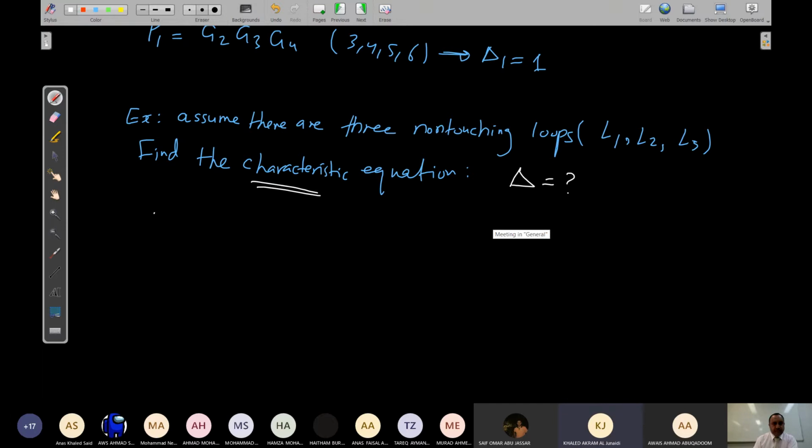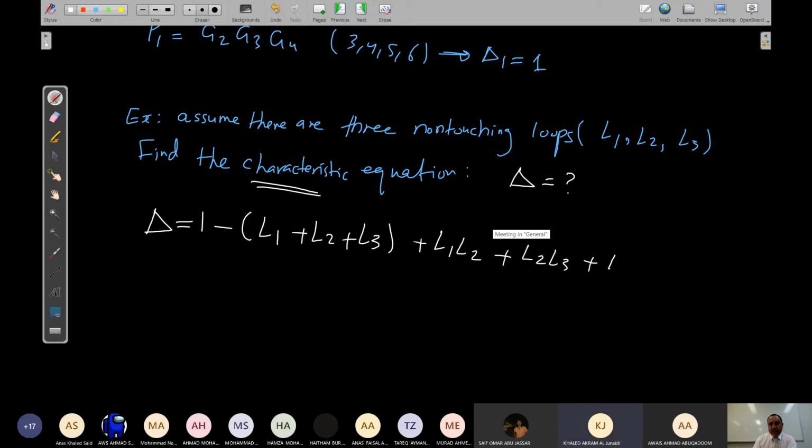So delta equals 1 minus L1 plus L2 plus L3, plus L1 L2, plus L2 L3, plus L1 L3, minus L1 L2 L3. Is that correct?